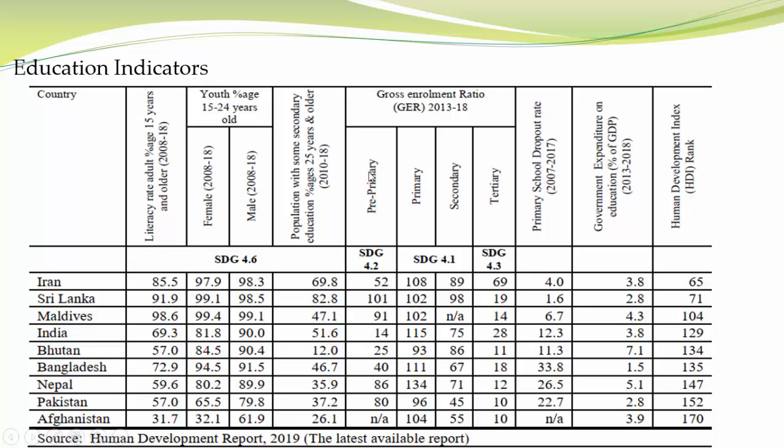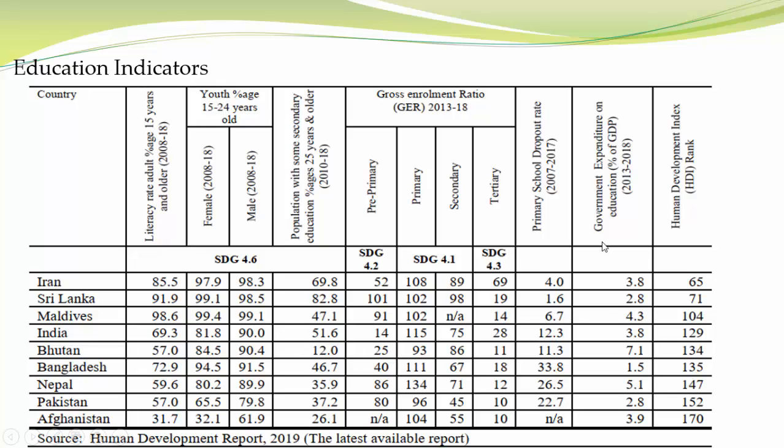This is the girls' enrollment ratio at pre-primary, primary, secondary, and tertiary levels, and the primary school dropout rate. It is about 22% in Pakistan. 22.7% of our children leave education after completing primary, or they don't enter secondary education.